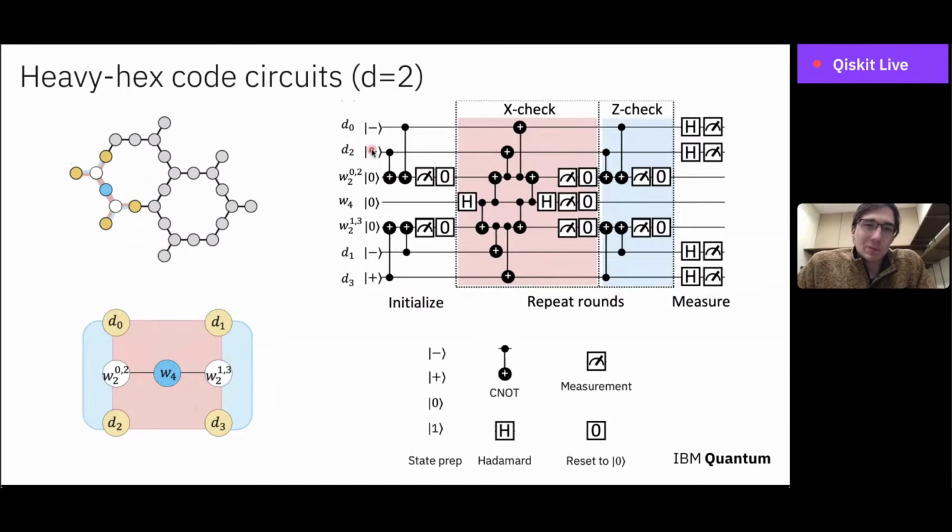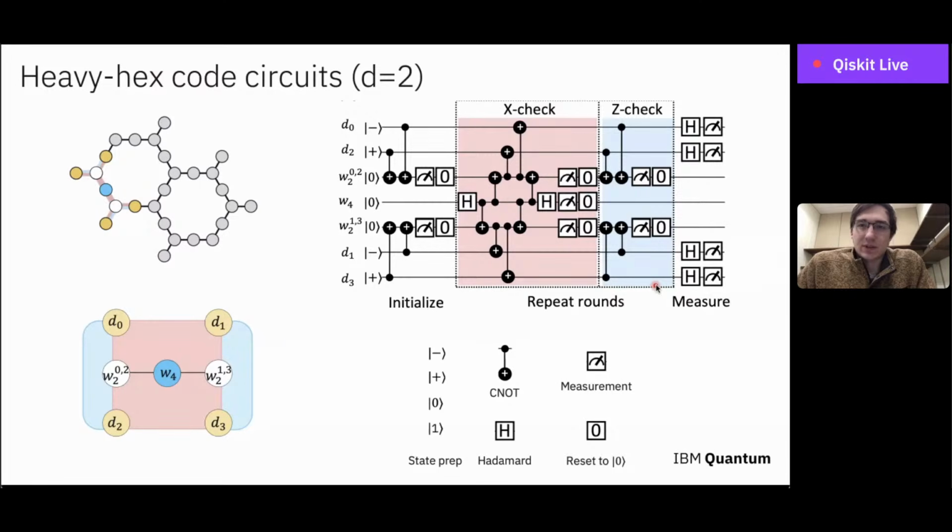So we prepare all qubits in a product state to start with. So each is in just its individual single qubit state, and then we project into the code space. That's this initialize step. So this initialize step is actually the same as the Z-check step.